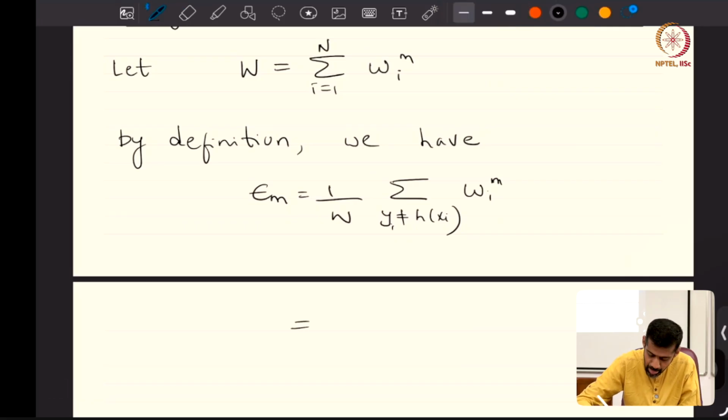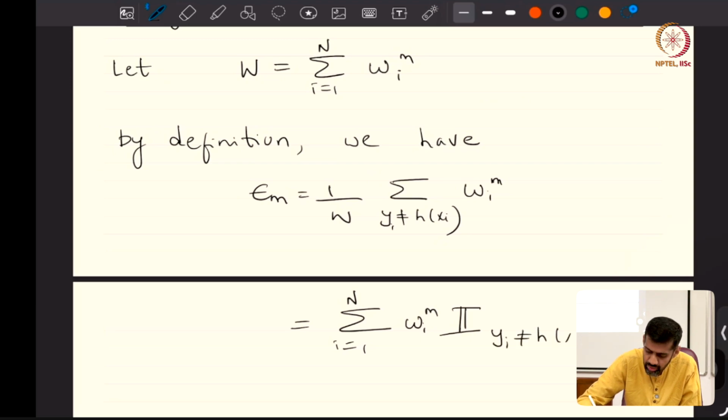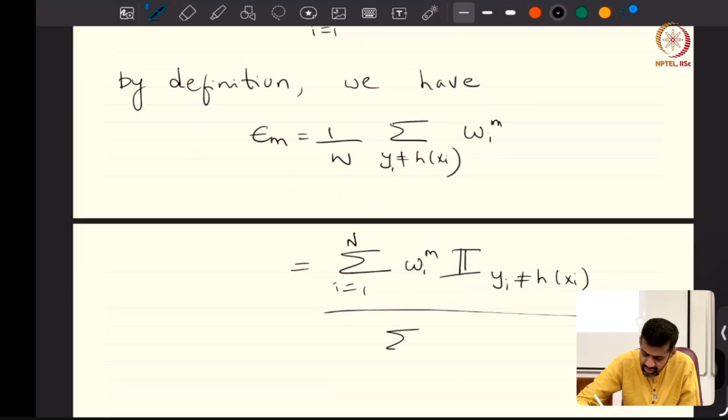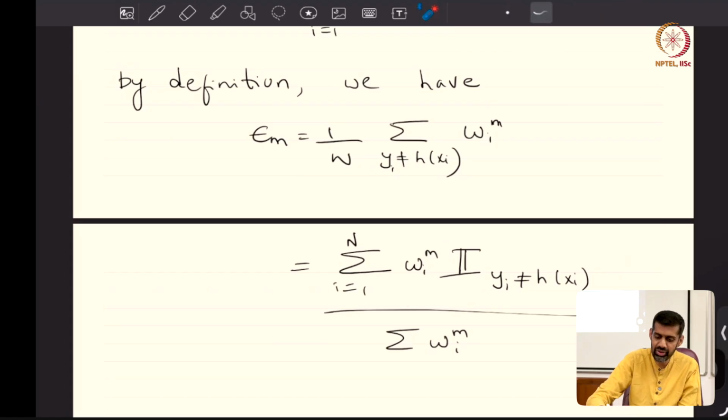This is equal to, I is 1 through n, Wim times an indicator where these two do not match, divided by W. This is how we defined it, right? Exactly the same. You either put it in the summation or you put it as an indicator function summing over everything, same thing. Okay, fine.